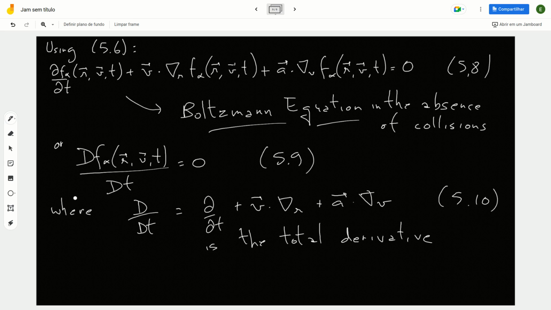And this is sometimes called Liouville's theorem. And here you don't have collisions nor radiative losses. Well, the Boltzmann equation actually doesn't have radiative losses anyway, so we'll leave it like this.